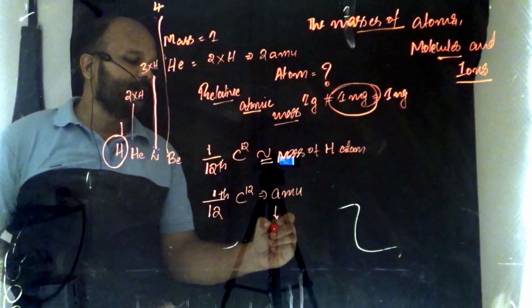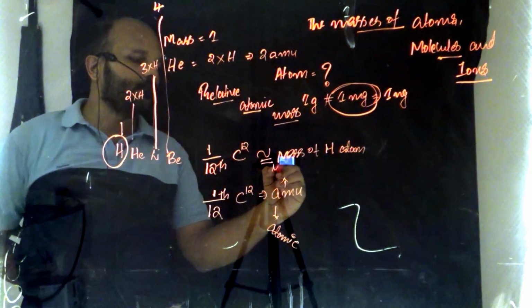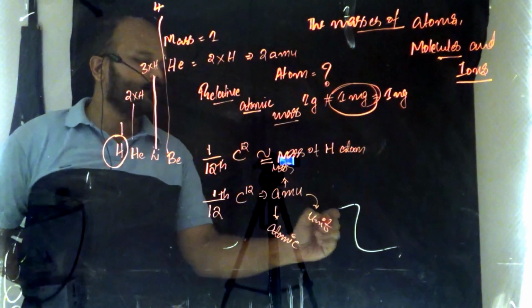AMU stands for atomic mass unit: A for atomic, M for mass, U for unit.